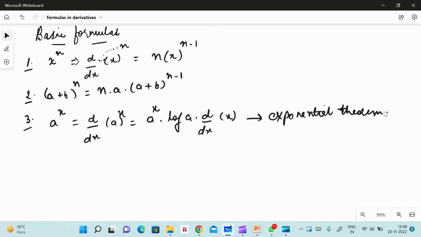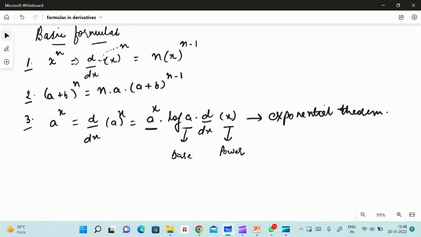Okay, this is the exponential theorem. Clear? Means we first of all take the value whose differentiation we have to calculate, then log of base and derivative of power. Okay, this we have to do.